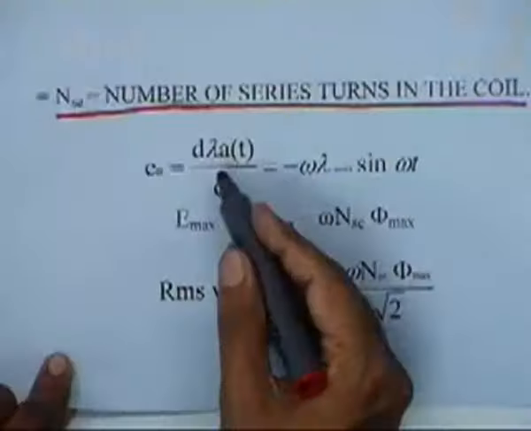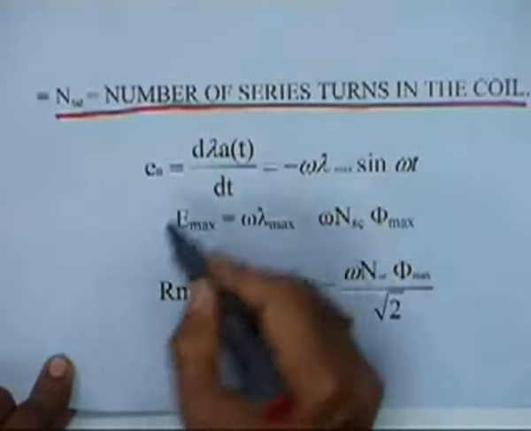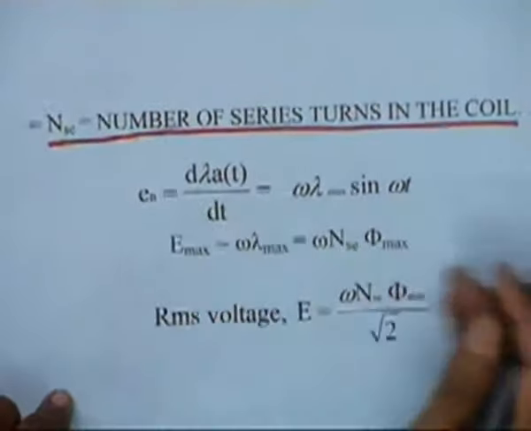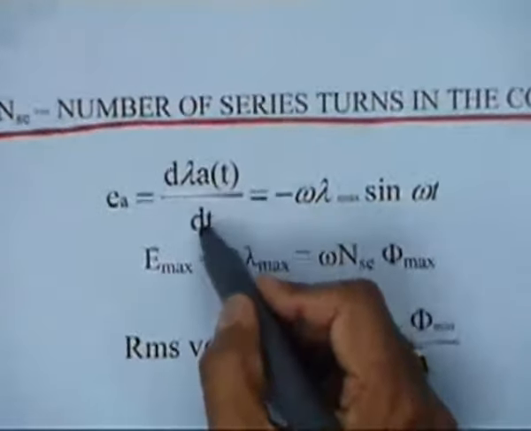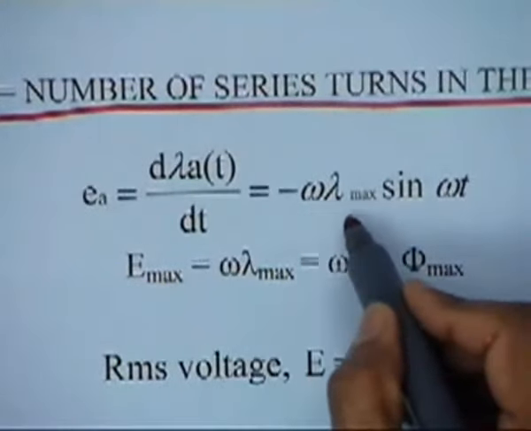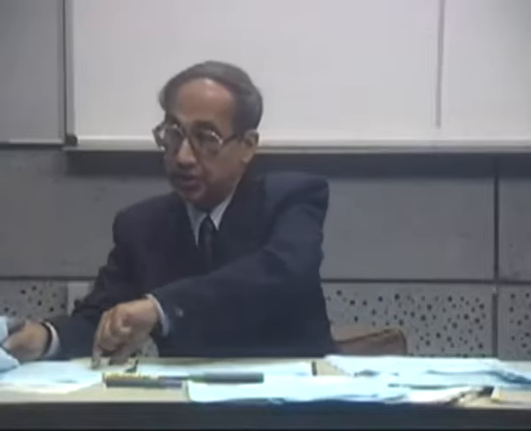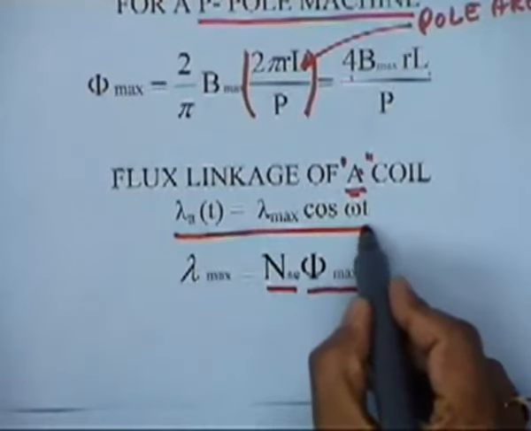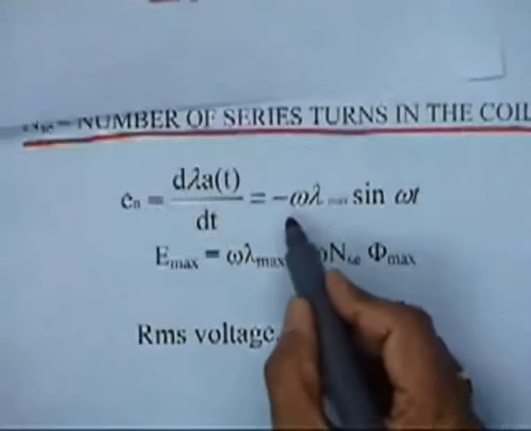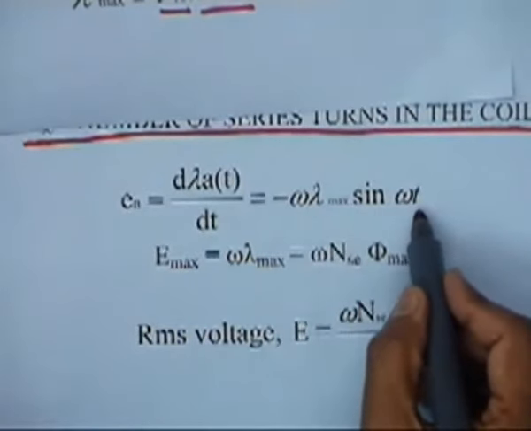Now having recognized this, the voltage induced in a coil, EA, would be the d by dt of lambda A. Now d by dt of lambda A is minus omega lambda max sin omega t. If we say lambda A is lambda max cos omega t, its derivative will be minus omega lambda max sin omega t.